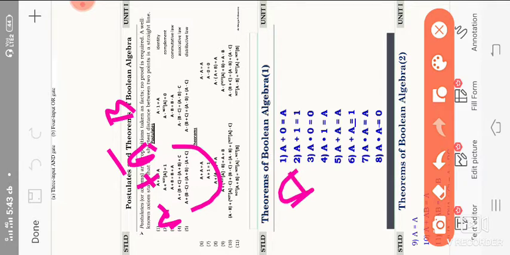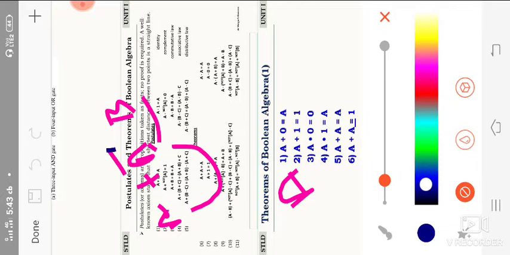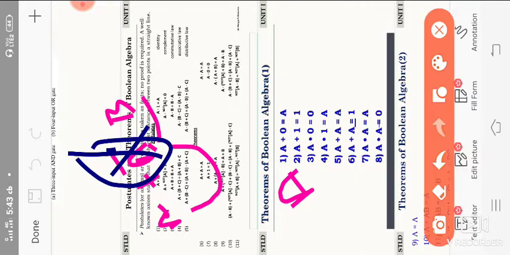Here A is there, its complement is there, so we remove this one and note down the remaining terms. That's why we are getting A plus B. Whatever the letter plus its complement multiplying any term, you remove the A complement and note down the remaining values, A plus B. That is the answer.